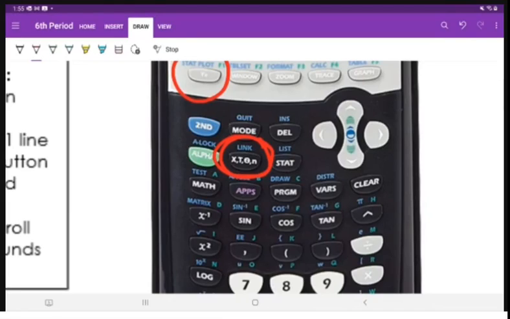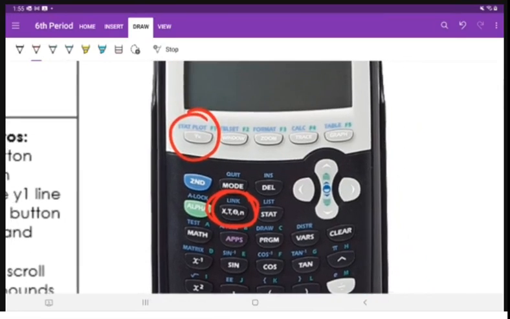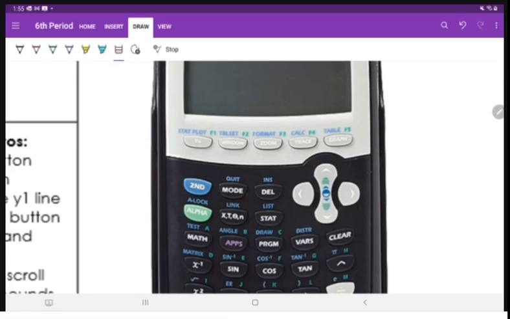Now that you have your function typed in, what you're going to click is on the top right of your calculator, the button that says graph. So you type in your function, you click the button that says graph, and all of a sudden, you should be looking at a picture of a parabola. Now, this is what mine looks like.